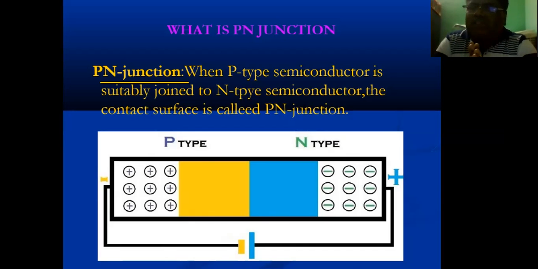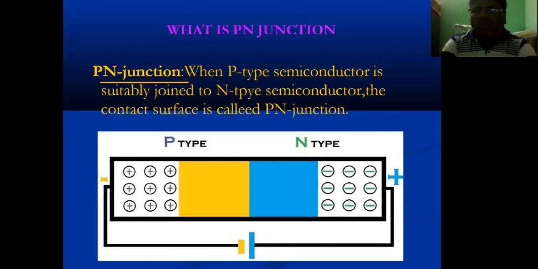This is the diagram of the PN junction diode. P-type always consists of majority holes. N-type always consists of majority carriers, electrons.